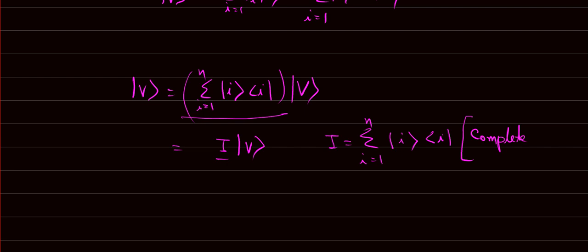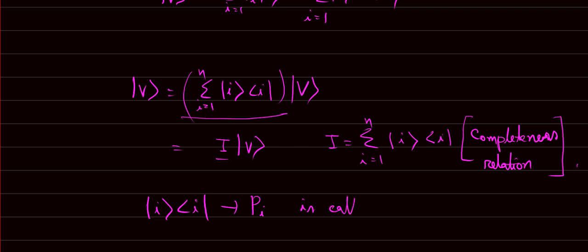It is called the completeness relationship. And this object without the summation is denoted by P_i, and is called the projection operator.